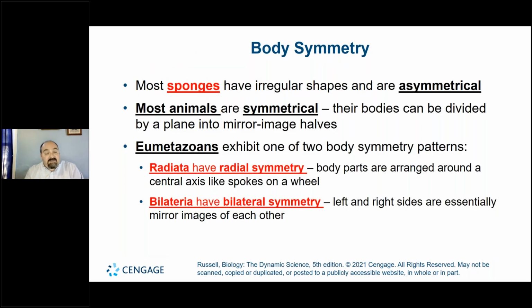Now, body symmetry. So when you look at another human, right, and realize that many have symmetry, but there are some that do not. And right away, you recognize that.